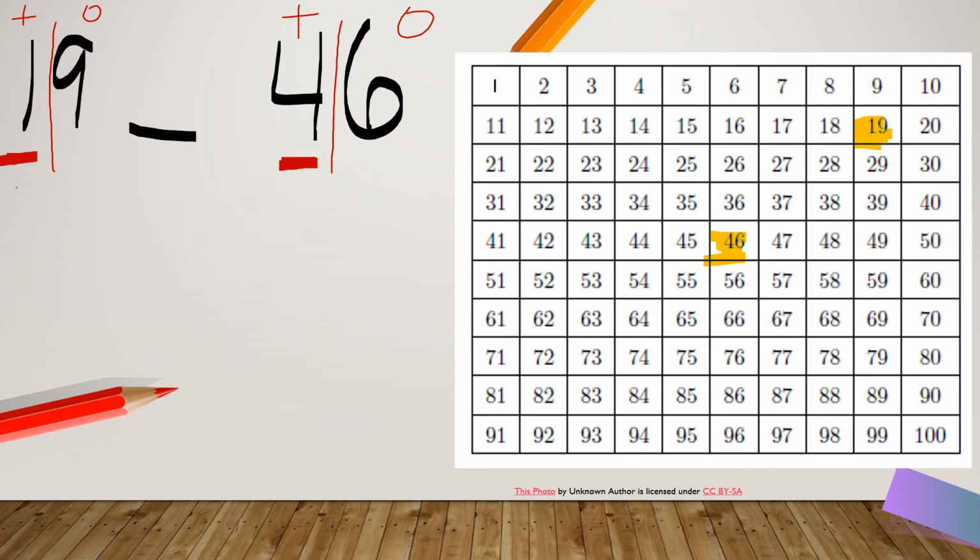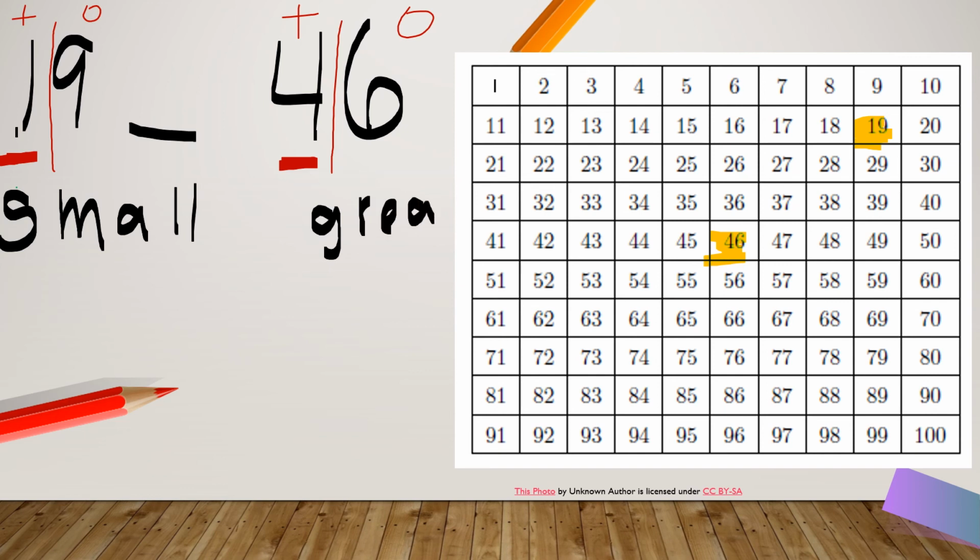So I could say that 19 is my small number. So I'm going to write small. And 46 is my greater number because 4 tens is greater than 1 ten. So I could say 46 is greater. So I'm going to write greater.